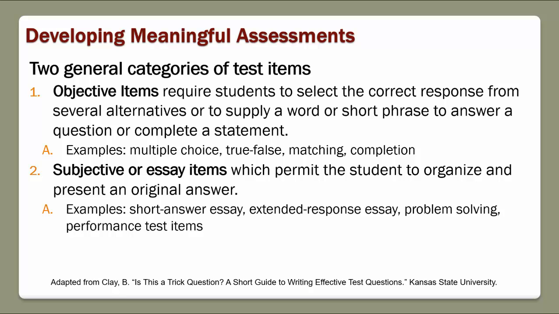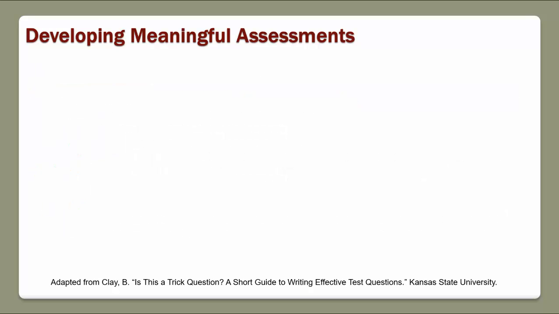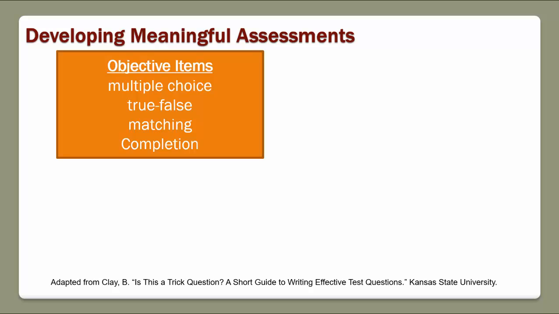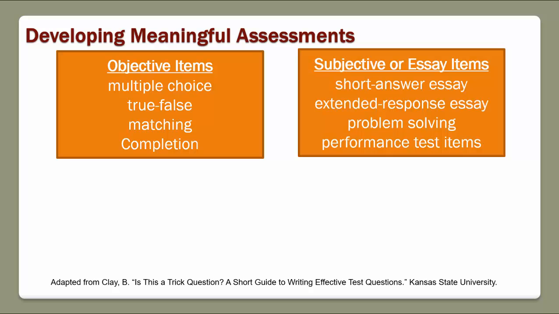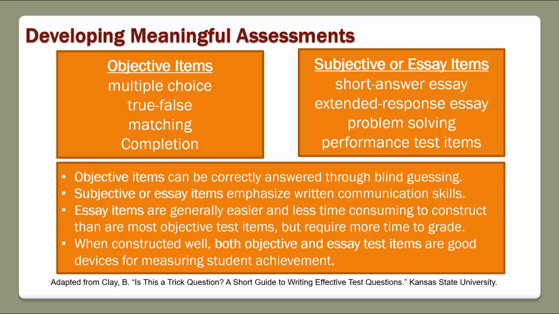So in some of the performative disciplines, music or dance or some of the other things that require some sort of performative aspect, that's where you're also testing. So with objective items, you have multiple choice, true false, matching, completion. And then with subjective items, you have short answers, extended response essays, and problem solving.